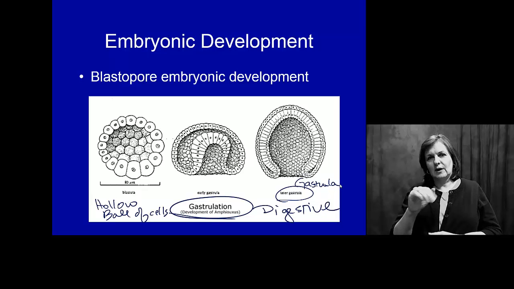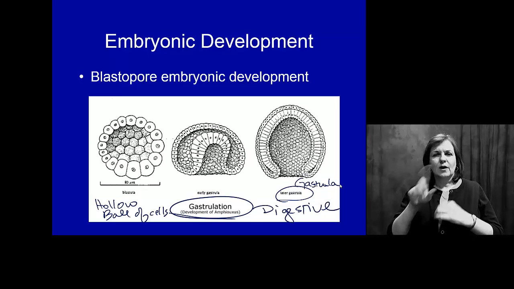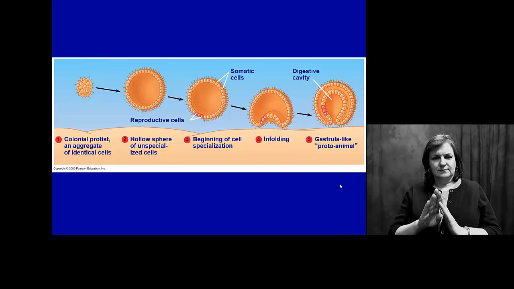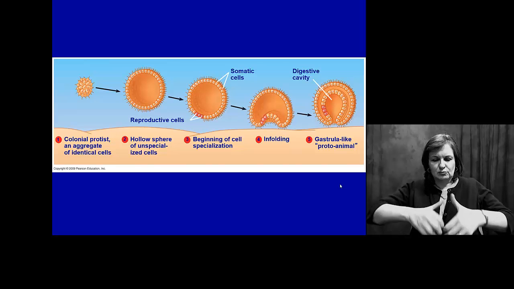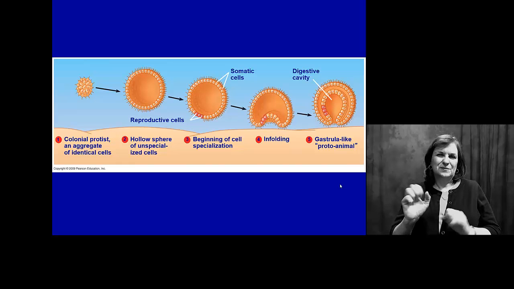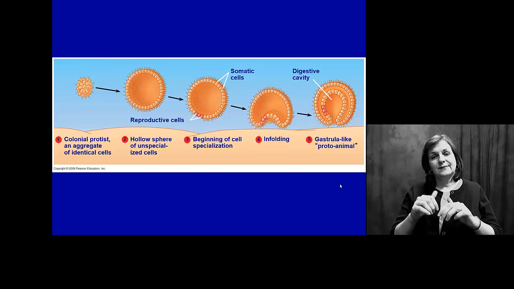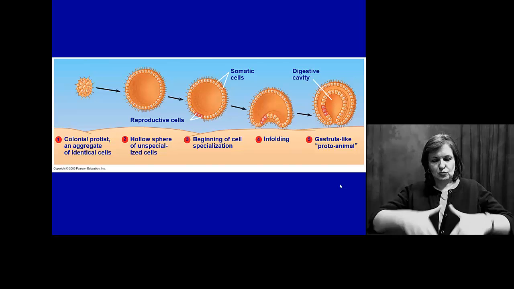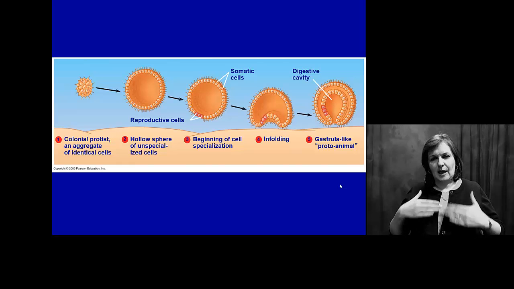Now, if you remember, when we focused on this sort of development before, we looked at this early digestive cavity, and really, this organism could be anything at this point, right? So what we need to think about is how we then develop into a further body plan from this.